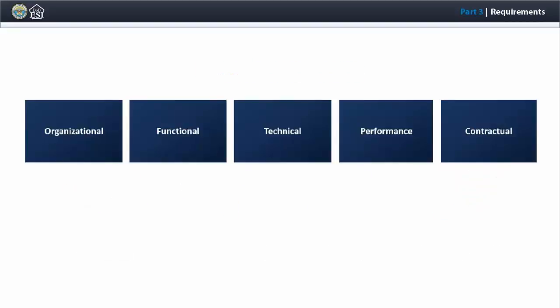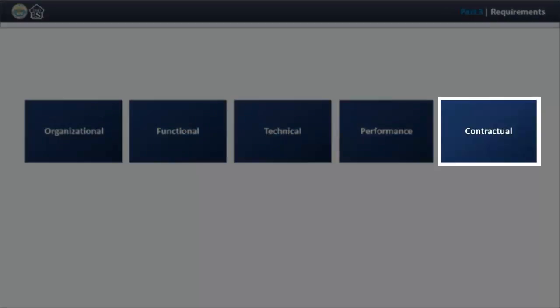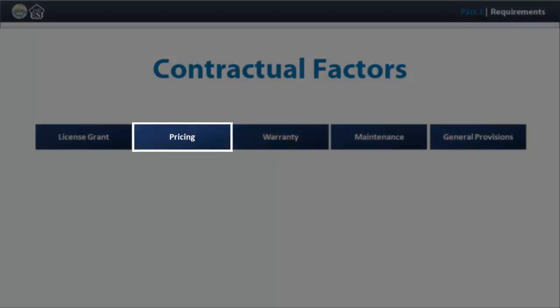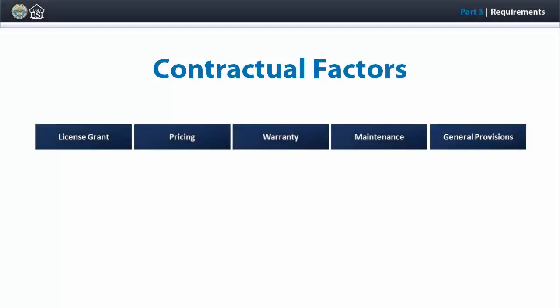The final factor to address in your requirements document is your contractual requirements. Contractual factors encompass license grant, pricing, warranty, maintenance, and general provisions, all of which are covered in greater depth in other tutorials in the End User License Agreement series.